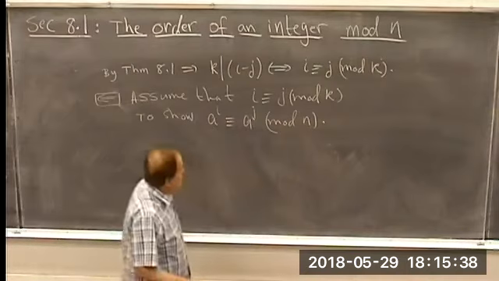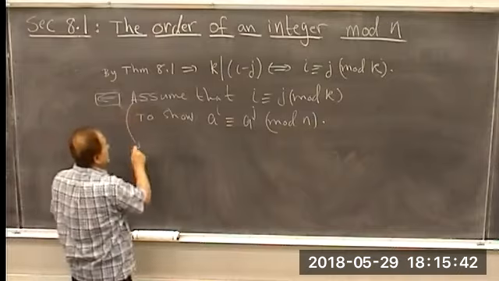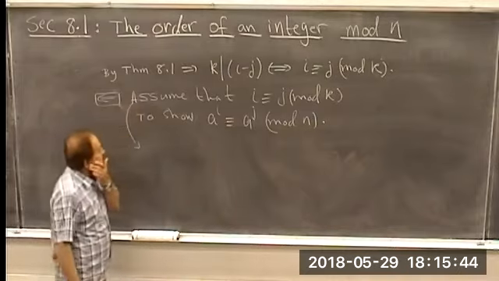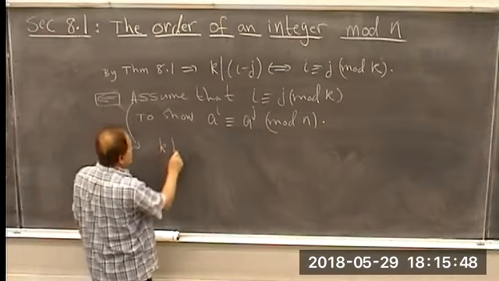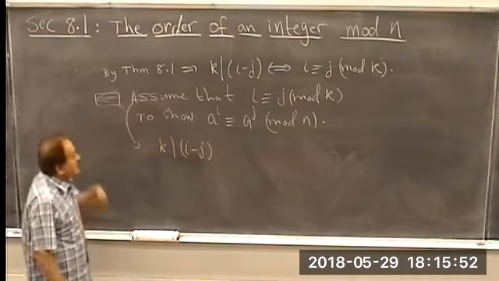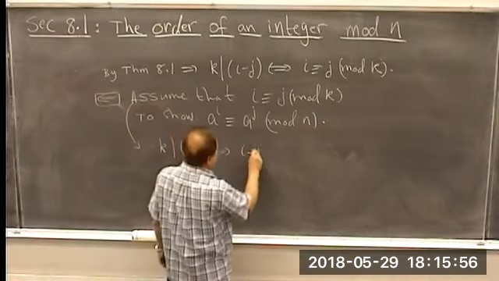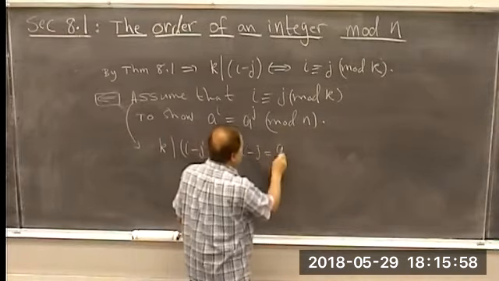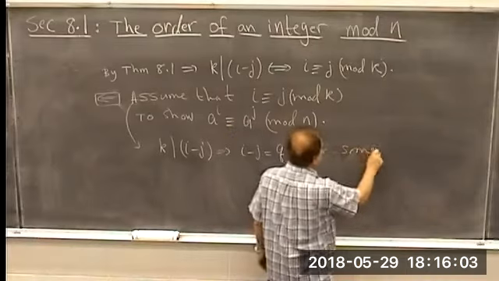Now, once again, let's see what this assumption means. i congruent to j mod k means that k divides i minus j. And this implies i minus j is equal to qk for some integer q.